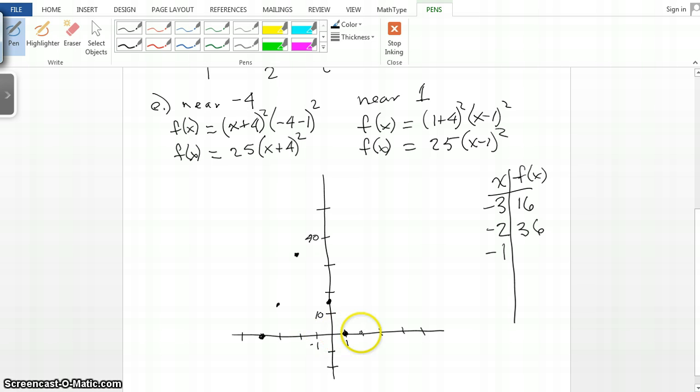Also, if I go out here and plug a positive 2 in, I already have it at 0. If I plug a positive 2 in, this comes out to be 36. And same with my 2 will also be 36. So at 2, it's way up here at 36.